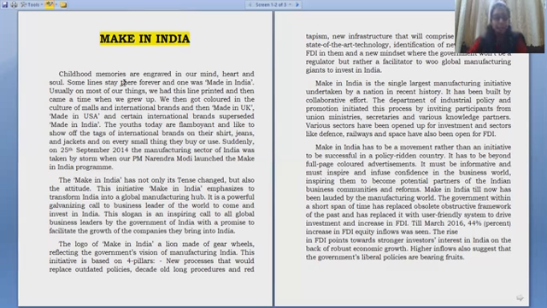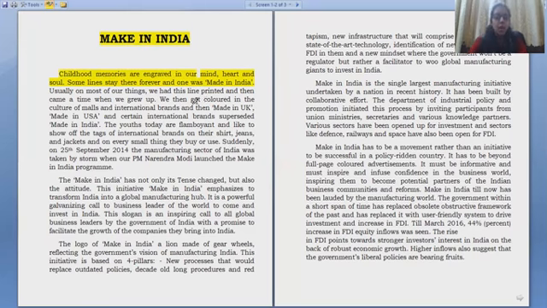Make in India. Childhood memories are engraved in our mind, heart, and soul. Some lines stay there forever, and one was made in India. See, such a very beautiful introduction has been started with this. This is an attracting line.